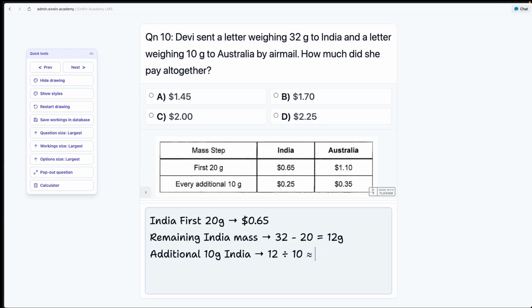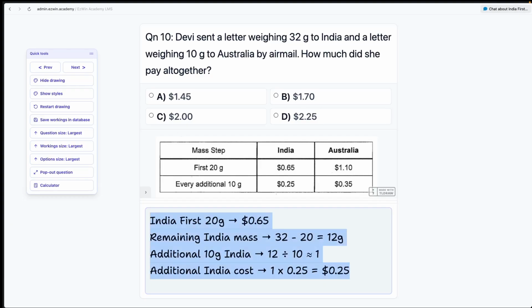And we want to just round it up, and this will just be 1. So that means the additional India cost will then be equal to 1 times 0.25. So just put 0.25, and this will just be 25 cents. So now we figured out India.